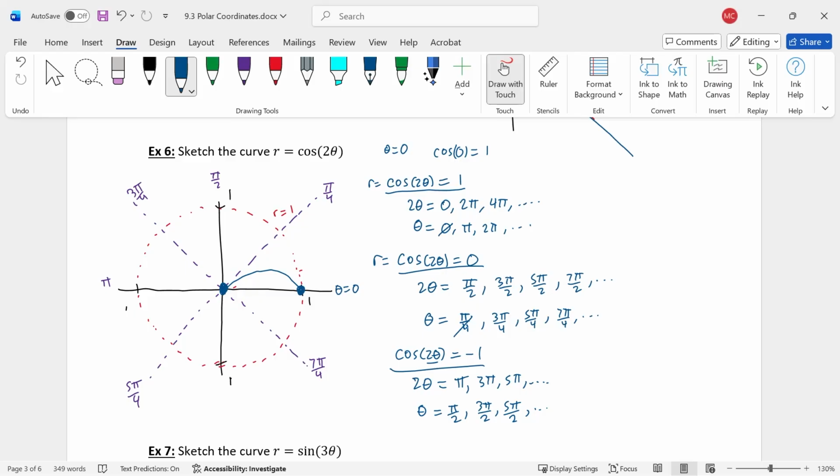So at cosine of pi over 4, we had 0 for r. Now we look at cosine of pi over 2. We should get -1. So this is where it gets a little trickier, because I'm now looking at what happens in this section of the graph from the angle pi over 4 to pi over 2. But my radius is now negative between there.